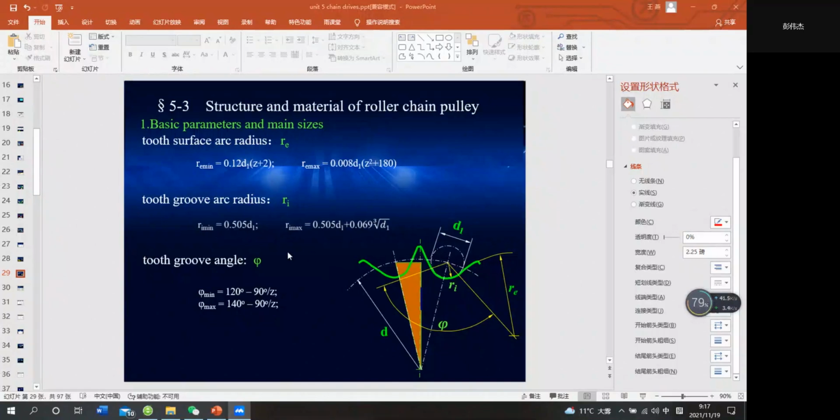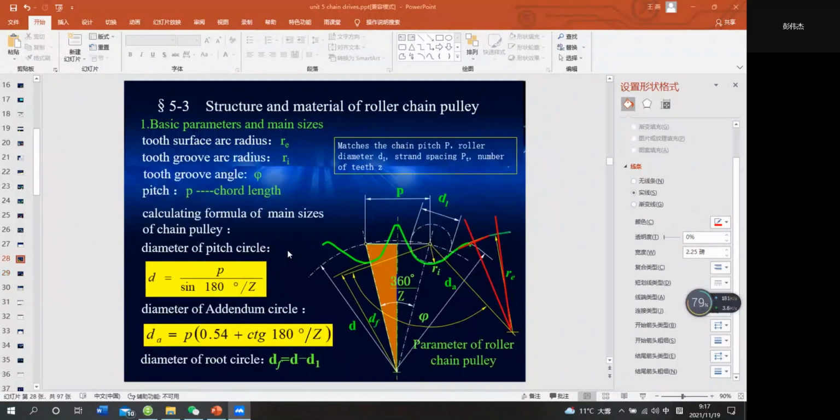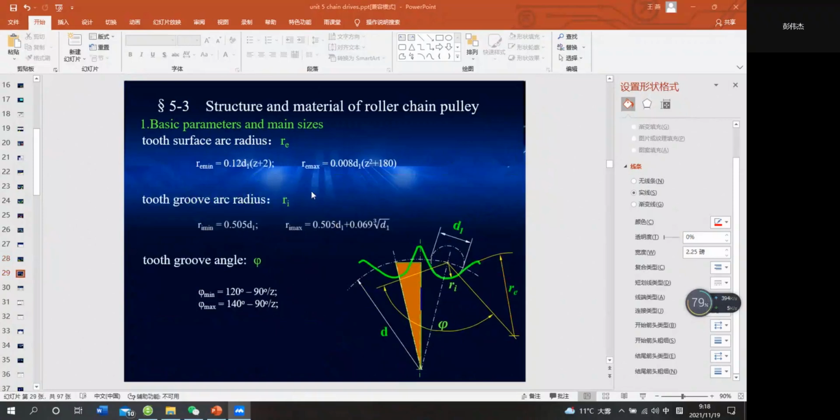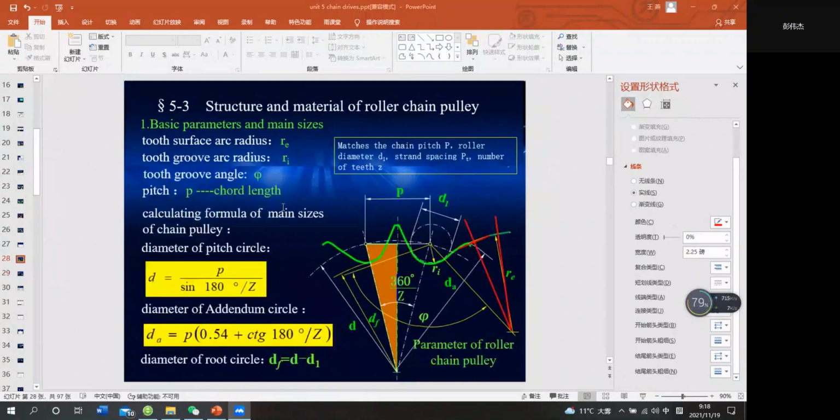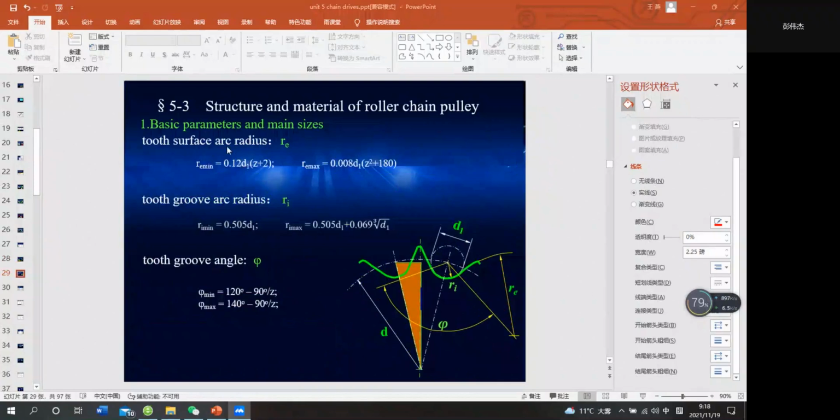Okay, let's continue. Here are the basic parameters of the roller chain pulley: the tooth surface arc radius RE, the tooth groove arc radius RI, and the tooth groove angle phi.